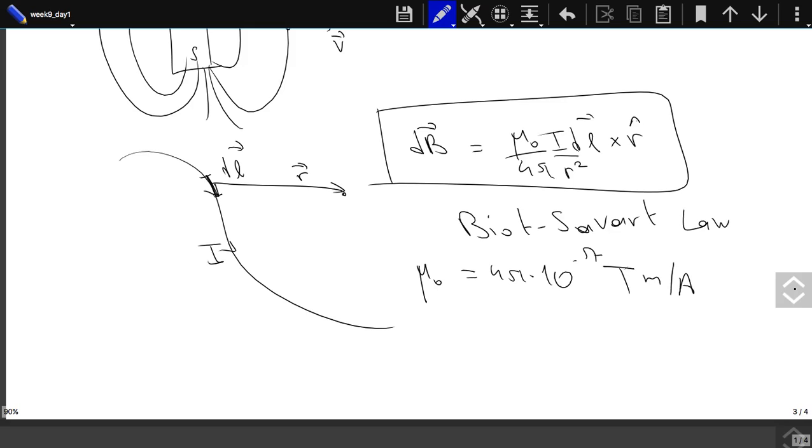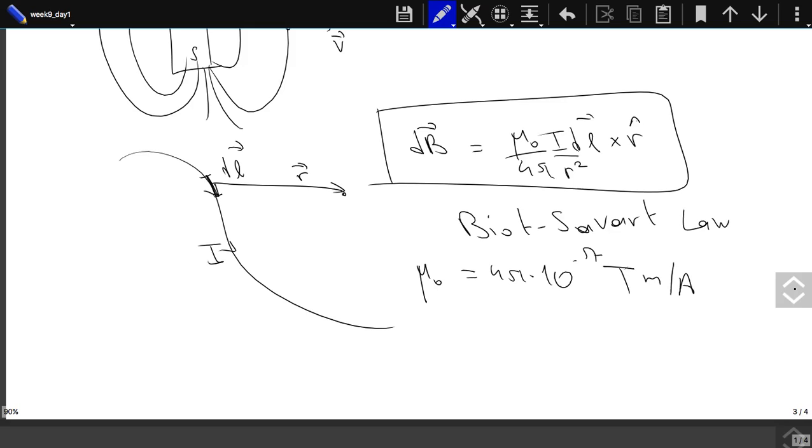What is Coulomb? 1 Coulomb. We didn't really define 1 Coulomb. We will be defining ampere. The 1 Coulomb will be the charge carried by a current that is 1 ampere.